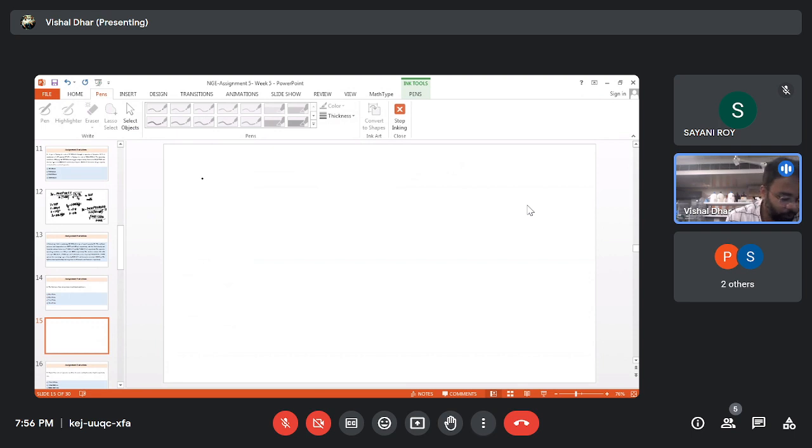Okay, now I'll be solving it. So the formula is W equal to 125 into 10 to the power 6.